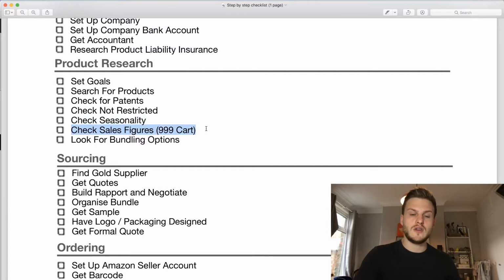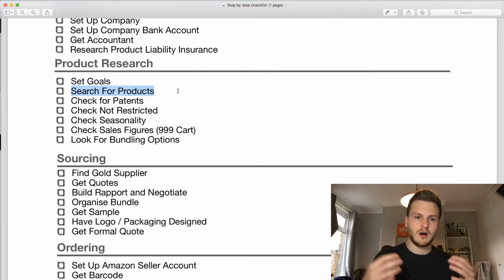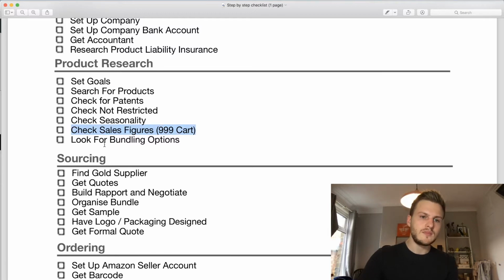Check your sales figures using the 999 cart method, because all of this stuff, right, all searching for products using Jungle Scout is guesstimation, right? It's not tangible figures that are actually correct. And they're all guesses. They're all based off an algorithm. So you have to check your sales figures. That can take up to a week to check. And then you look for bundling options as well. This is super important if you want to stand out from the competition.